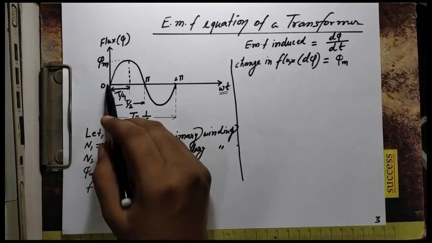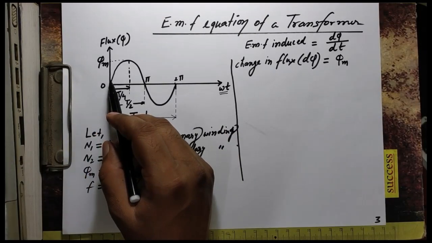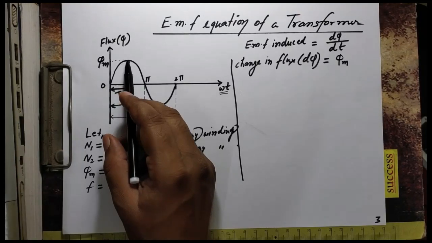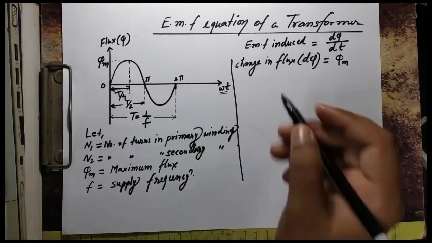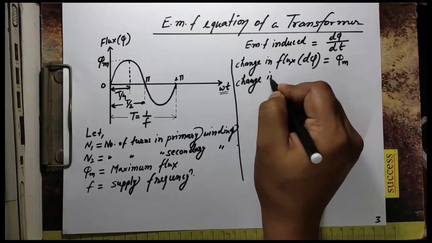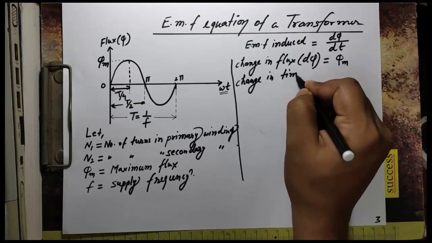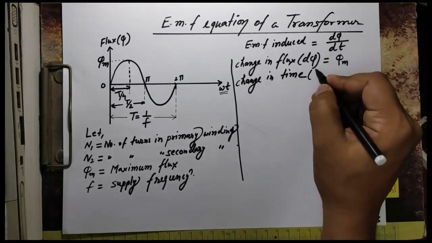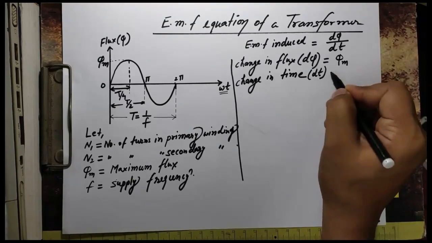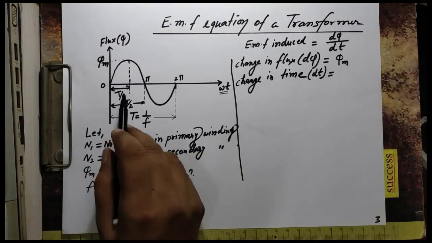Now, how much time does it take to change the flux from 0 value to maximum value? That is the change in time, or time taken to change from 0 value to maximum value. This dt is how much?